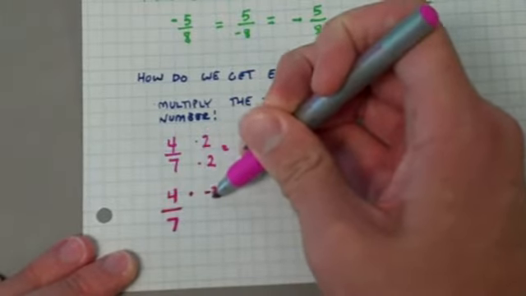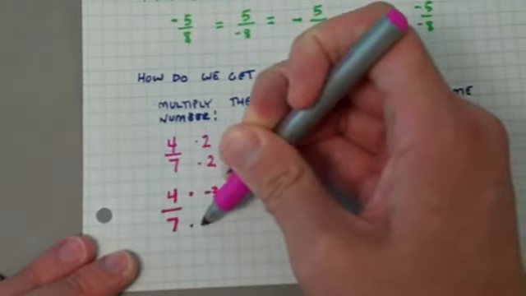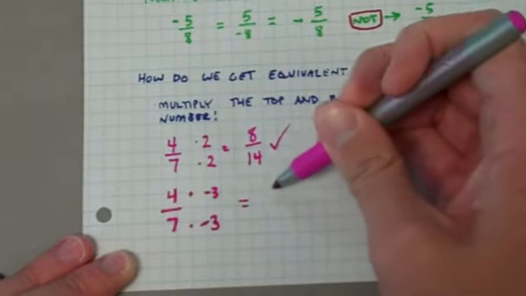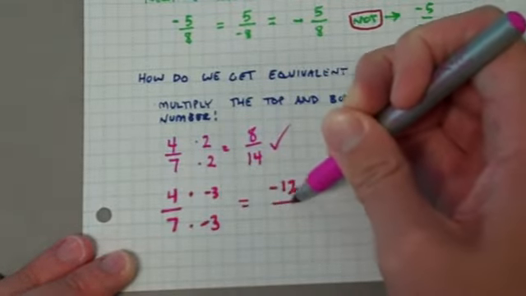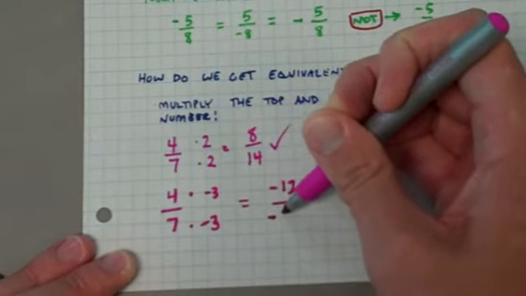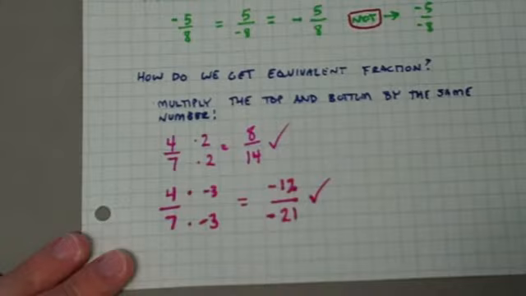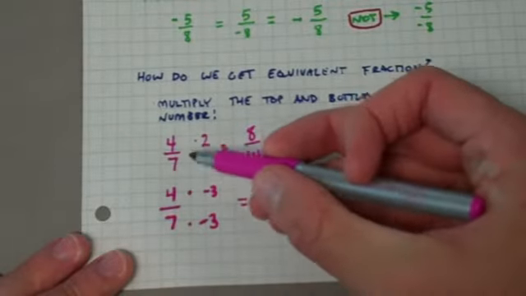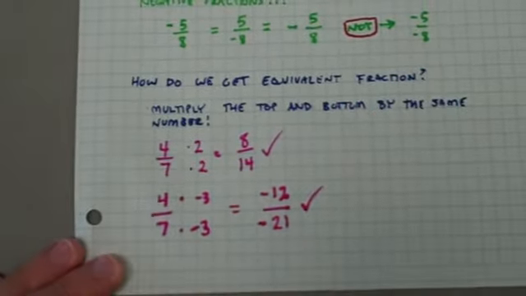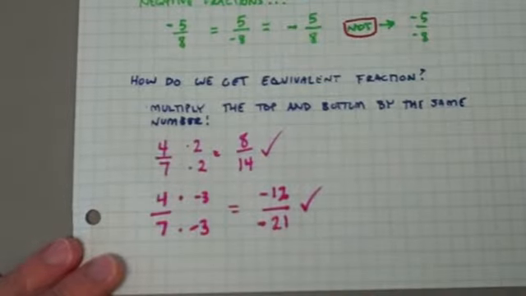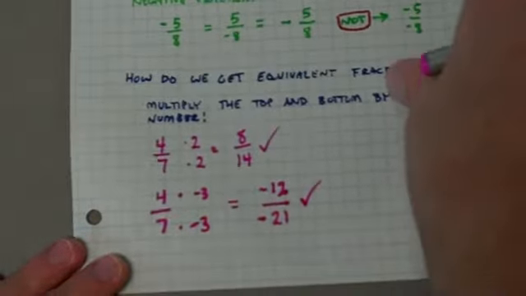So times -3 times -3. That gives me -12 over -21. Ta-da! Equivalent fraction. Okay, the negative and negative will make a positive, which we started with 4/7 once you simplify. So both of these are equivalent fractions. You just multiply the top and bottom by the same number.